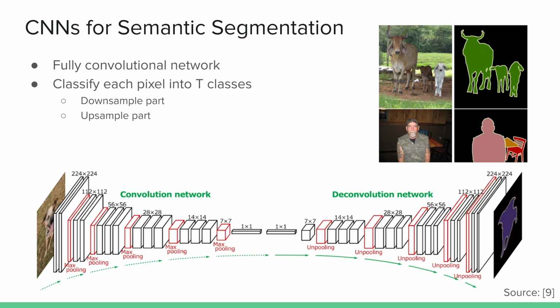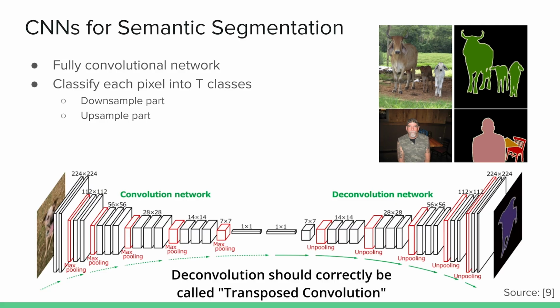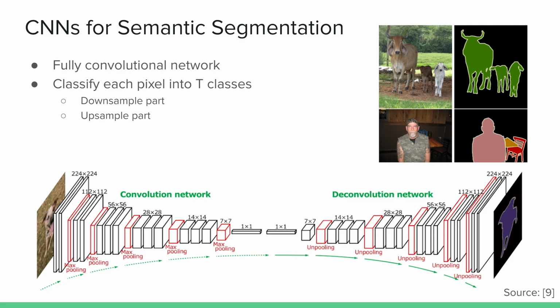We force the network to make a decision and say, okay, what is this kind of pixel? And then we do a so-called upscaling or upsampling part, where we use a deconvolutional and an unpooling layer to get back to the original input image size, but with the information which class should be there.